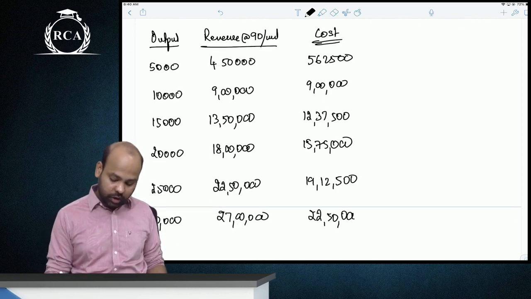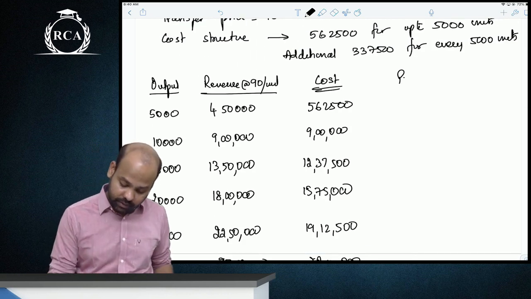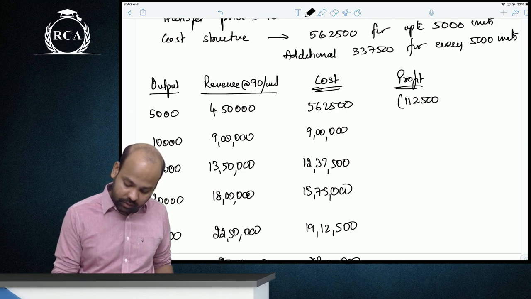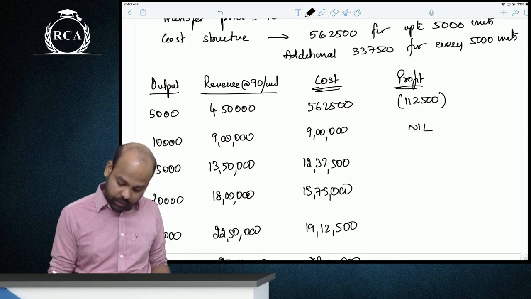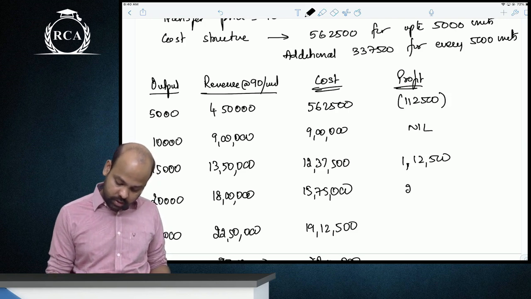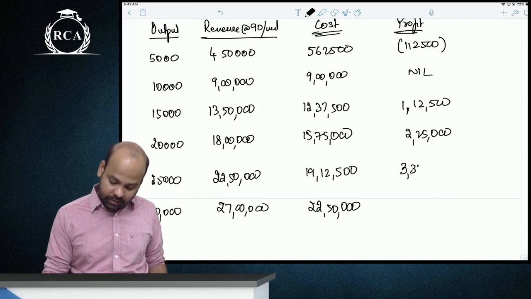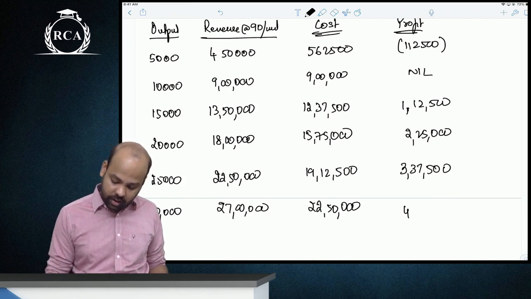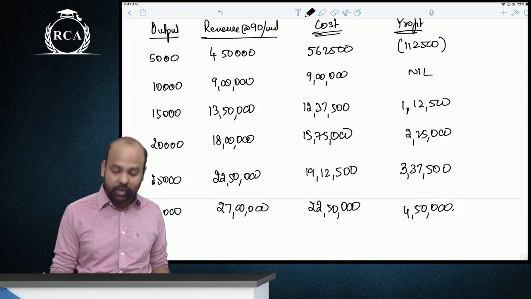This is the cost that we are incurring at each of these levels. The amount of profit would be negative 1,12,500, 0, 1,12,500, 2,25,000, 3,37,500 and 4,50,000. Simple.